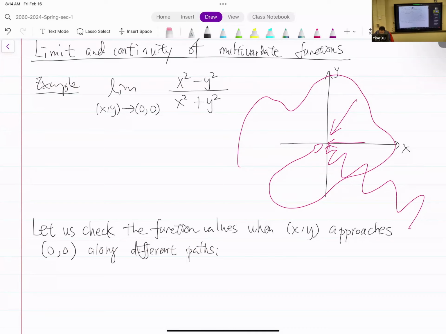Well, let's just look at what happens in this situation. So let's start with the basic one. So if we approach the origin from the direction along the x-axis. So on the x-axis, that basically just says, okay, my y value is 0, right?